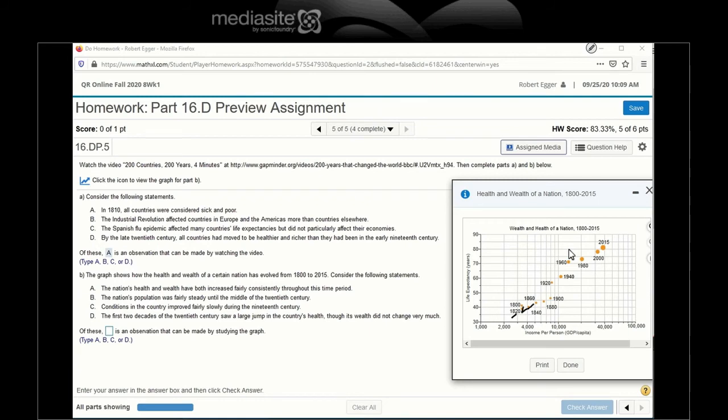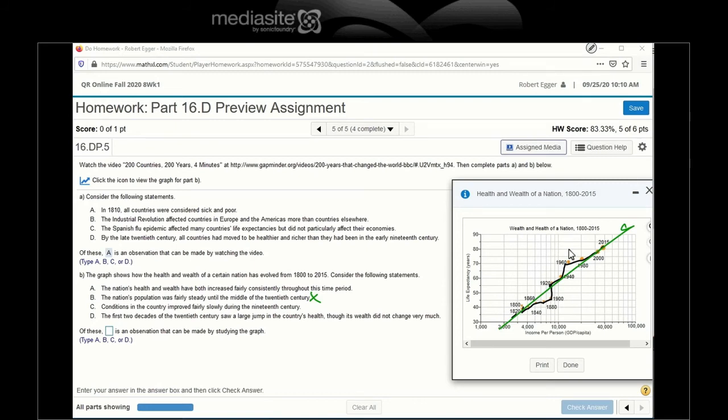20, 40, 60, 80, 1920. The nation's population was fairly steady into the middle of the 19th century. Conditions in the country improved fairly slowly during the 19th century.